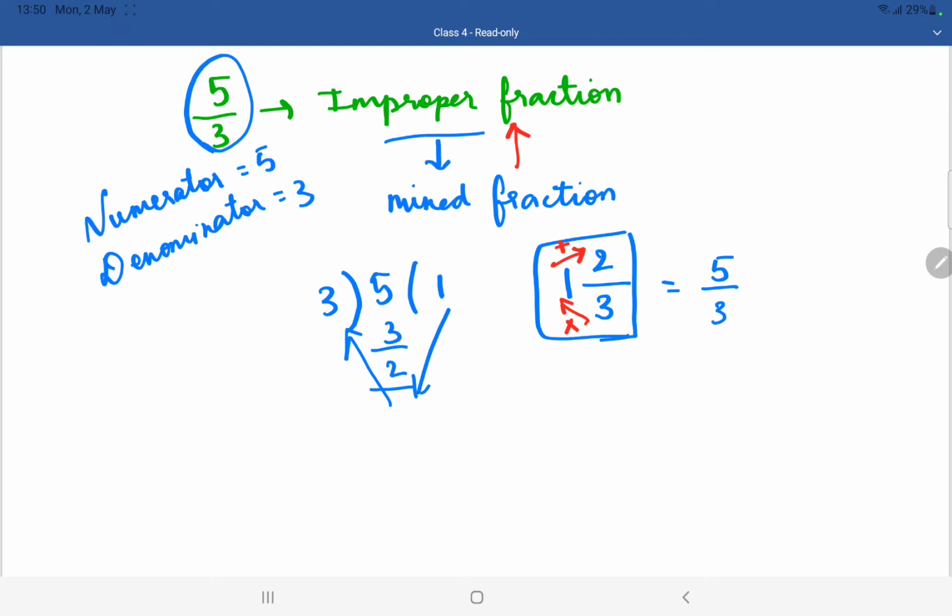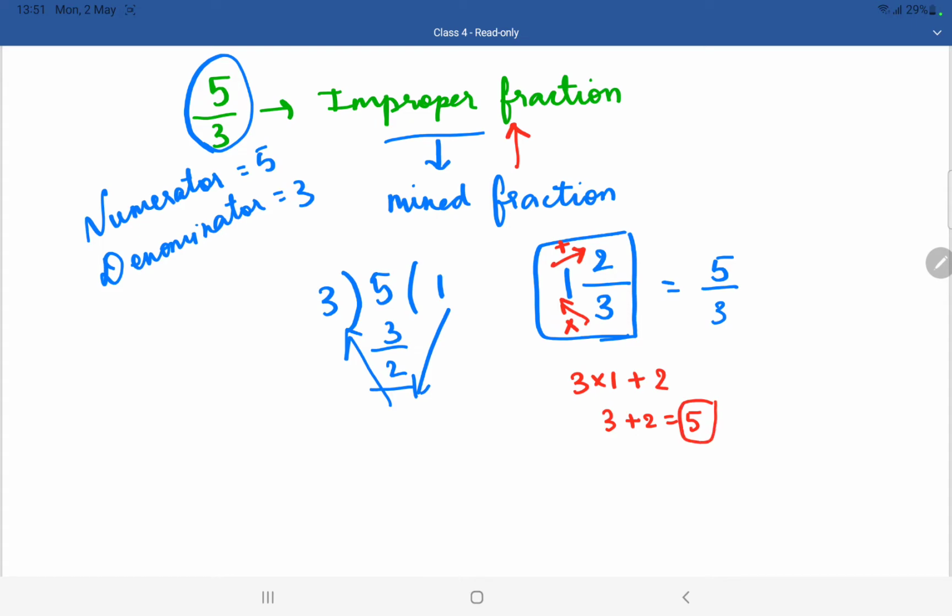I know you will be confused, so let me just tell you. First you have to multiply the denominator into the whole number. So 3 into 1. For the product that you get here, you need to add the numerator. So what is 3 into 1? 3 into 1 is 3, plus 2 is equal to 5.